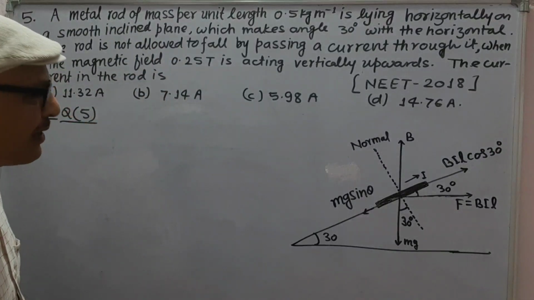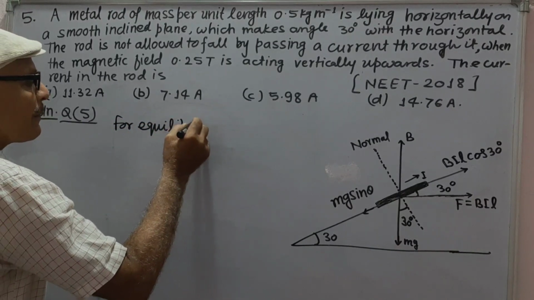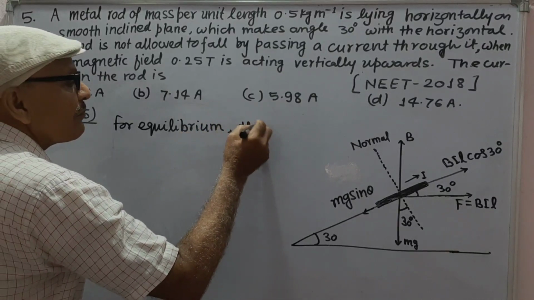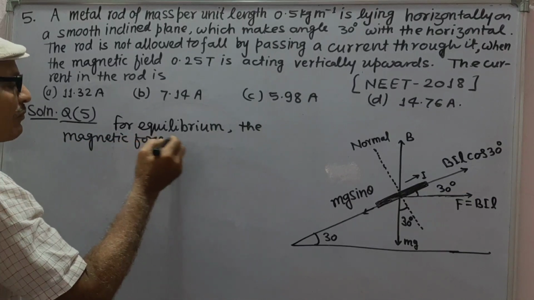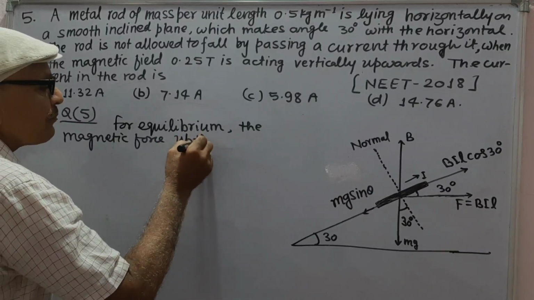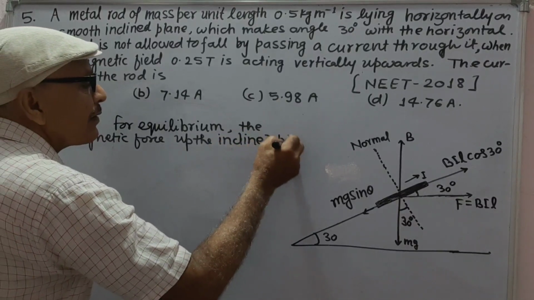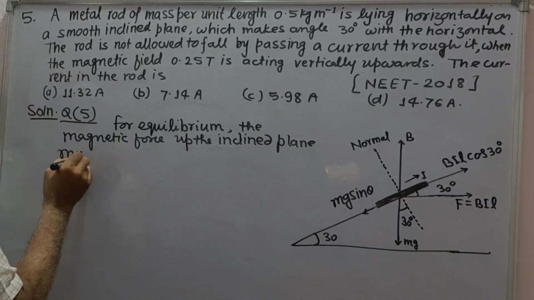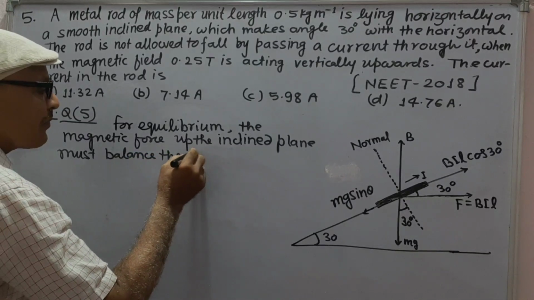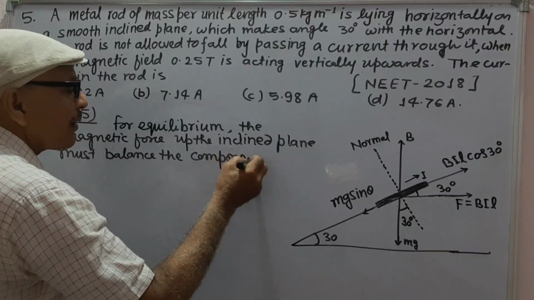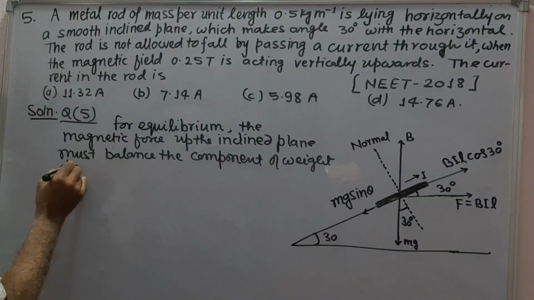So, for equilibrium, the magnetic force along the inclined plane must balance the component of weight down the inclined plane.